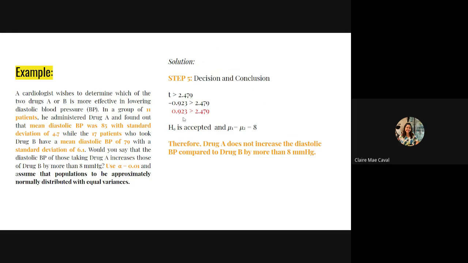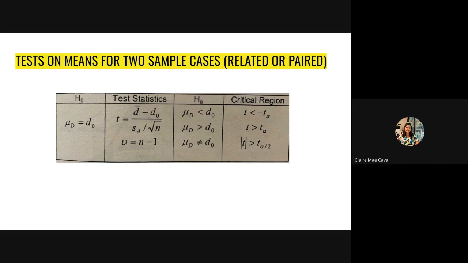But this one, 0.923 is less than 2.479, meaning it falls in the accepted region, so you accept your null hypothesis. Therefore, drug A does not increase the diastolic BP compared to drug B by more than 8 millimeters of mercury. Okay?